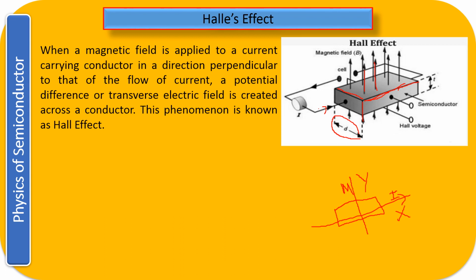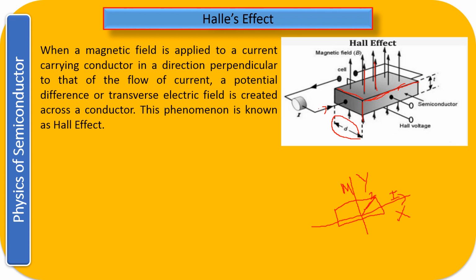Then Hall calculated that perpendicular to both of them, a voltage is getting developed, and that voltage is called a Hall voltage. So this is perpendicular to x and y, this is your z. So along the z direction a voltage is getting developed, and that voltage is called Hall voltage.